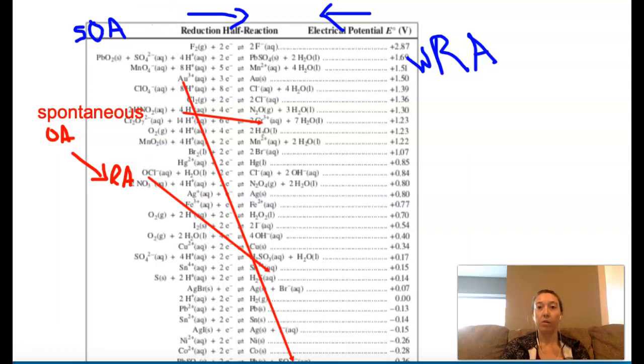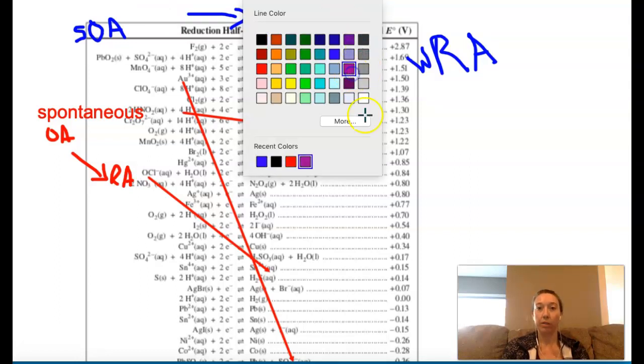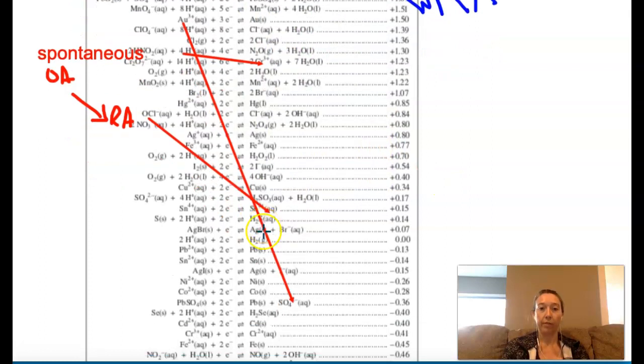Okay, and for a non-spontaneous reaction, it's going to be the opposite. So if I have a non-spontaneous reaction, you are going to find that when you find your OA, the RA is going to be above it. So it's going to be any of these columns, right? It could literally be going one up, or going from the very bottom way up to the top.